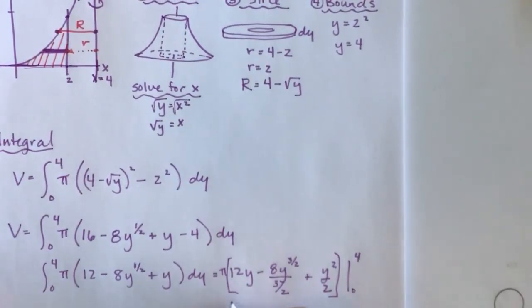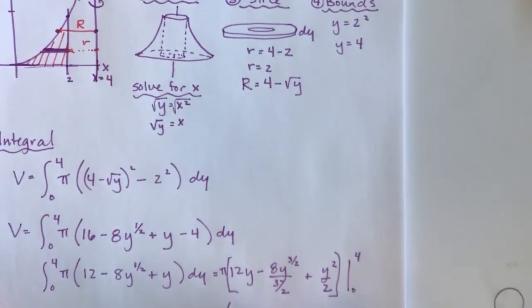So pi, 12 times 4 minus 2 times 8 is 16/3, 4 to the 3/2, plus 4 squared over 2.